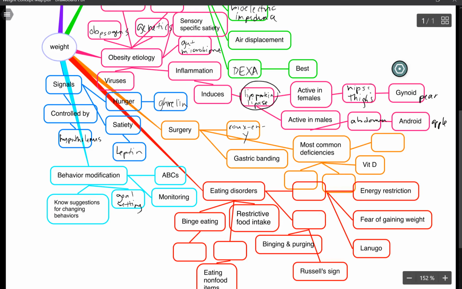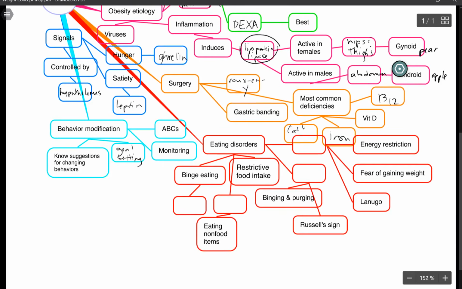We end up with more nutritional deficiencies. Common nutritional deficiencies in patients that have undergone bariatric surgery are vitamin D, B12, iron, and calcium. Calcium, iron, and B12 require adequate stomach acid in order for digestion and absorption to occur.